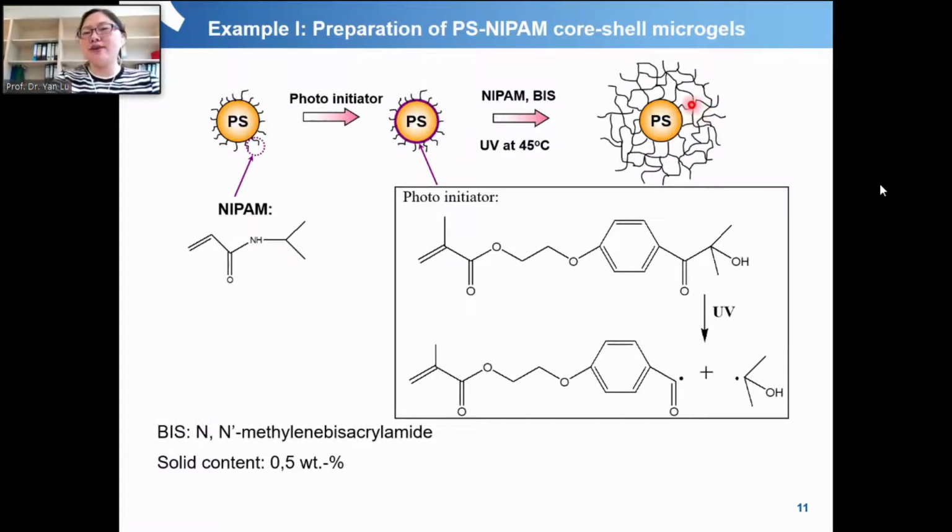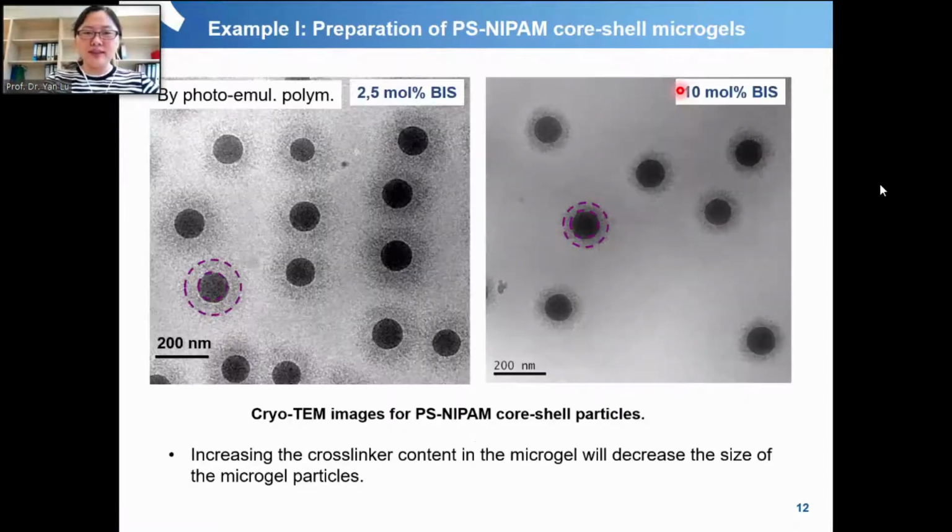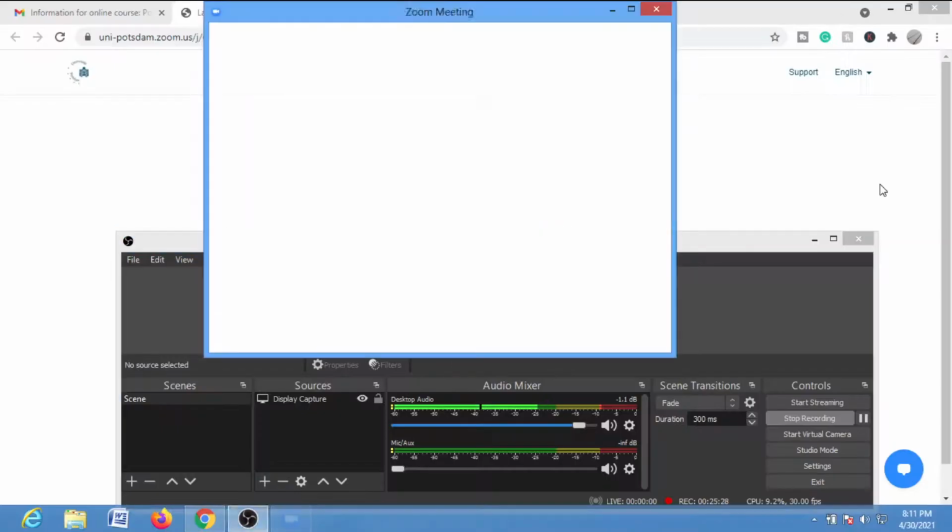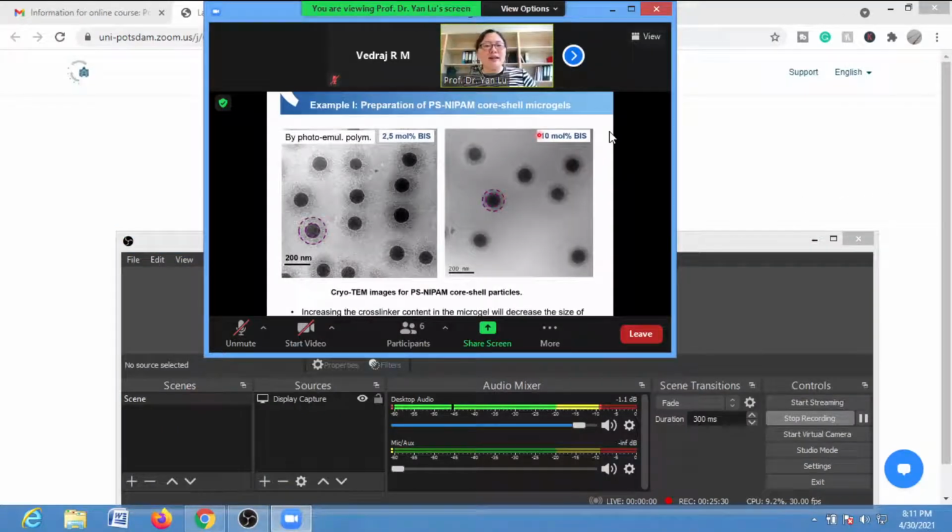In this case, you have very controlled growth of your polyNIPAM chain directly on the polystyrene core surface. And here you can also see very nicely the morphology of such core-shell microgels by cryo-electron microscopy.